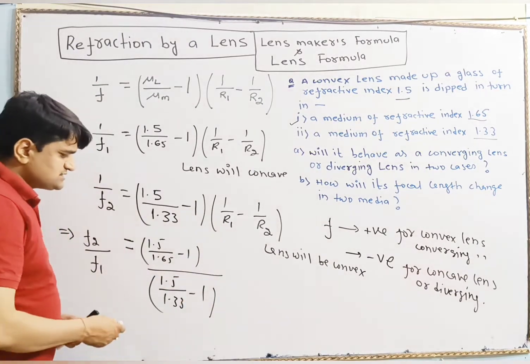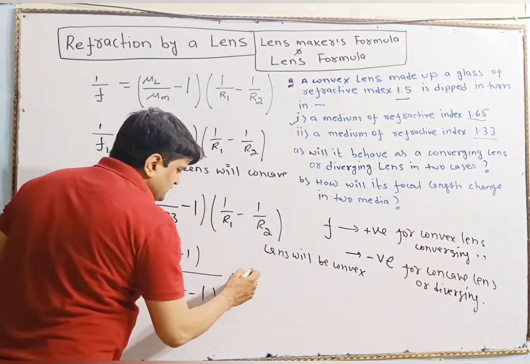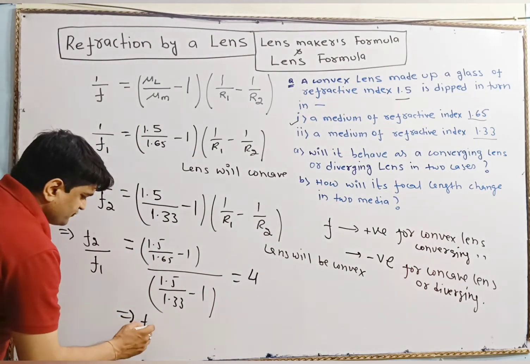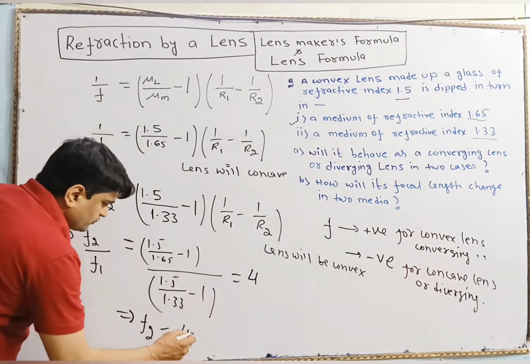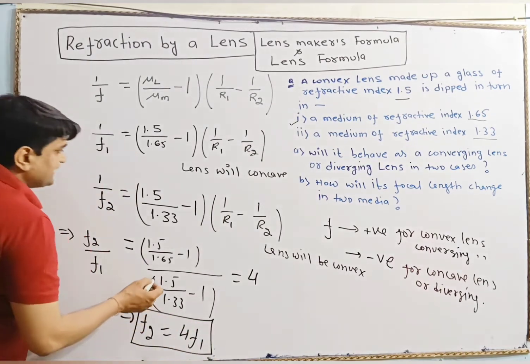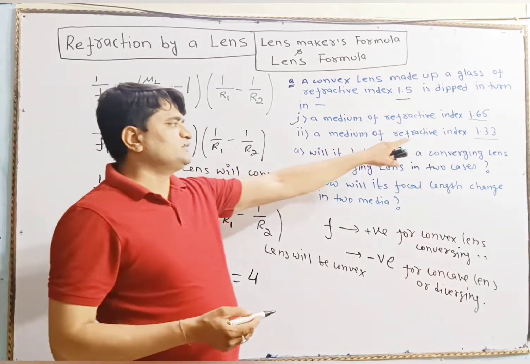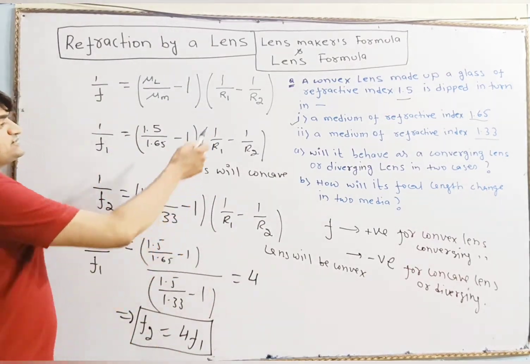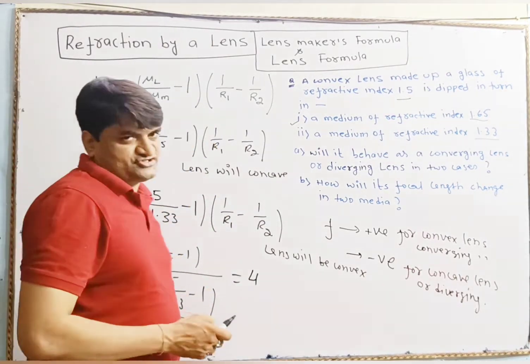After solving this, we will get this value as 4. So we can say that f2 will be 4 times f1. In the second case, when the refractive index of the medium becomes 1.33, the focal length becomes 4 times compared to the first case.